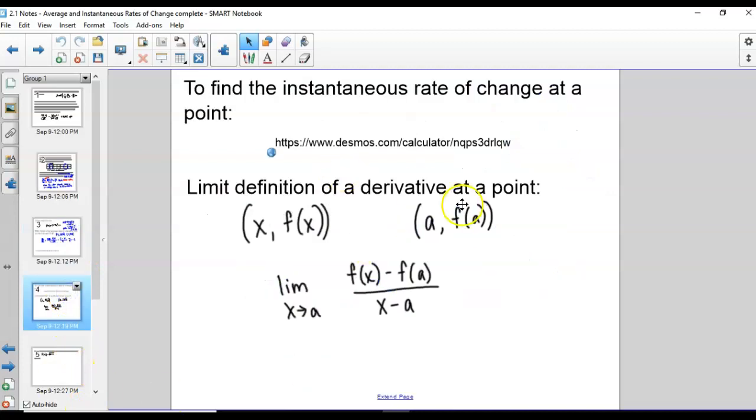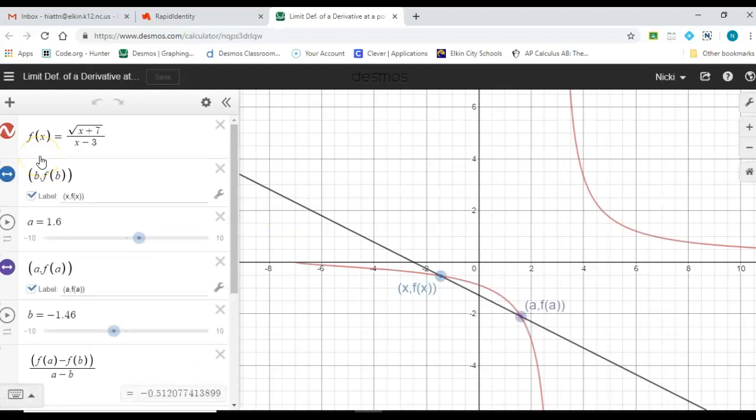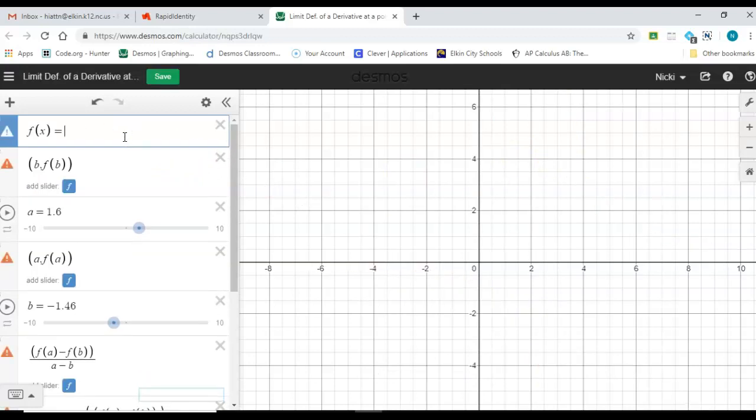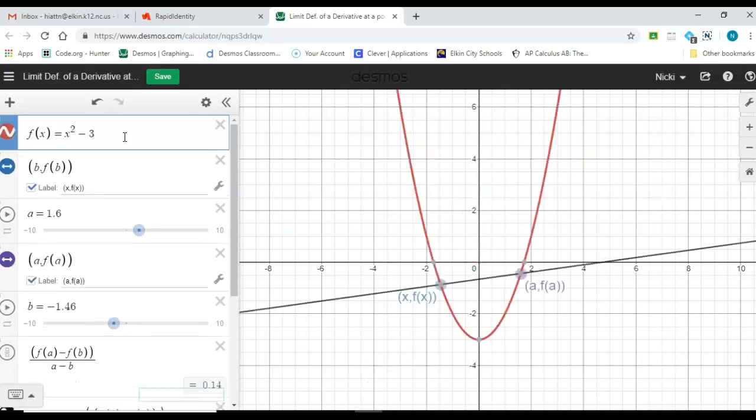At the end of class yesterday, we came up with this limit definition of a derivative at a point. I'm going to go back to this graph again. No matter what the equation is, I could change it to something like x squared minus 3, a more simple equation.